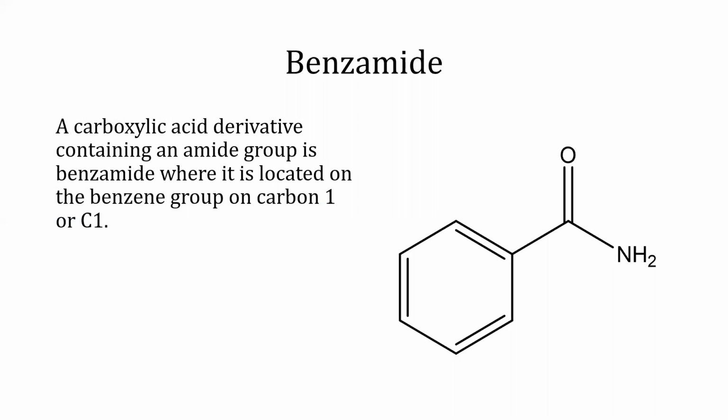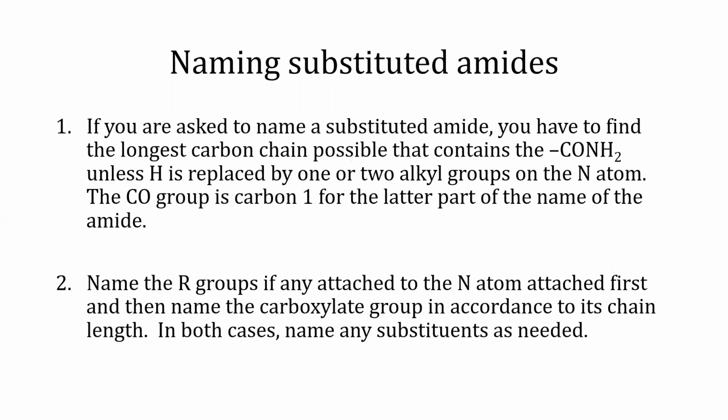A carboxylic acid derivative containing an amide group is benzamide, where it is located on the benzene group on carbon 1 or C1. Naming substituted amides can be done following these steps. 1. If you're asked to name a substituted amide, you have to find the longest carbon chain possible that contains the CONH2 unless H is replaced by 1 or 2 alkyl groups on the N atom.